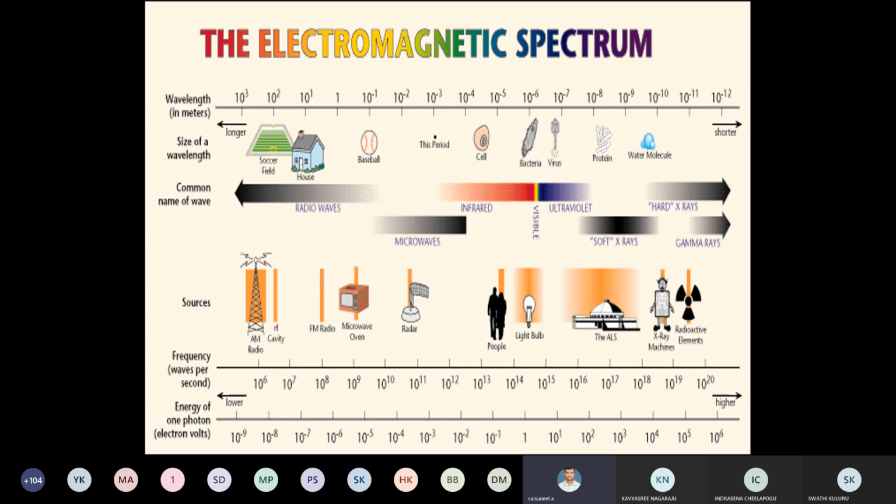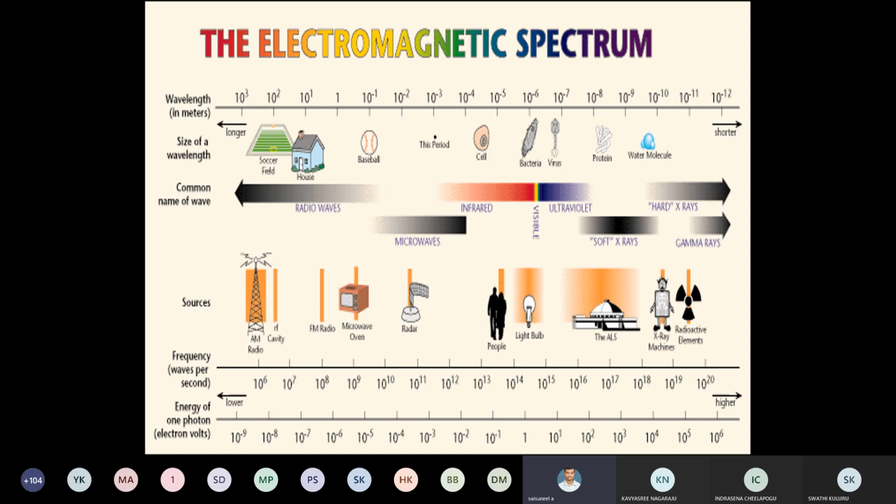See this figure. The top line shows the wavelength, and the wavelength shows where exactly each wave is used, along with the common name, the sources, frequency and energy. This figure shows wavelength, frequency, energy, names and applications.